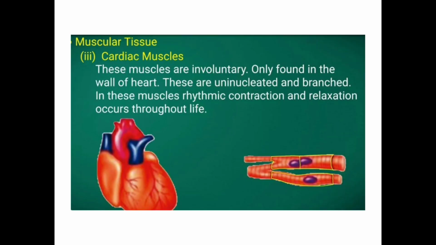Then the last one is cardiac muscles. We know the heart is made up of cardiac muscles. It is also involuntary muscle. What is involuntary? Involuntary means those muscles we cannot control. Cardiac muscle, you just imagine, you cannot stop the beating of the heart or control it. Cardiac muscles are only found in the walls of the heart.